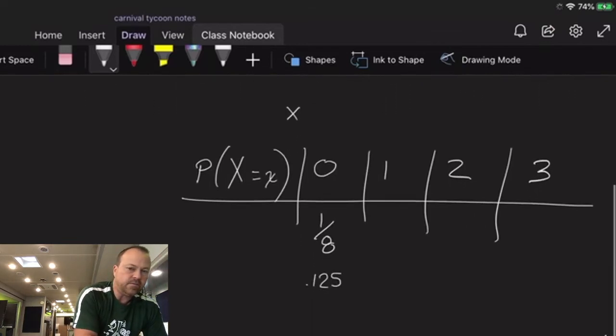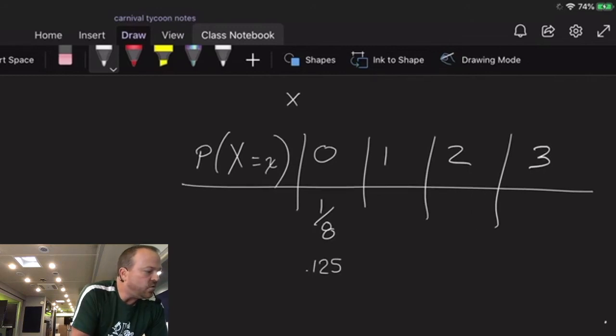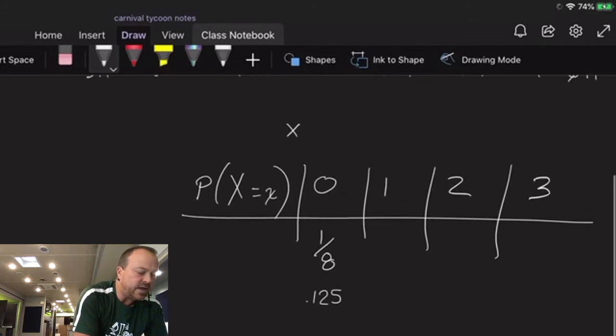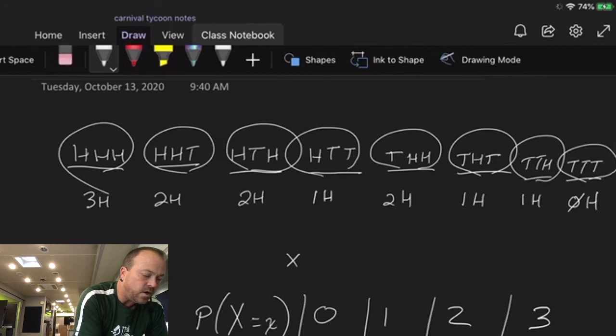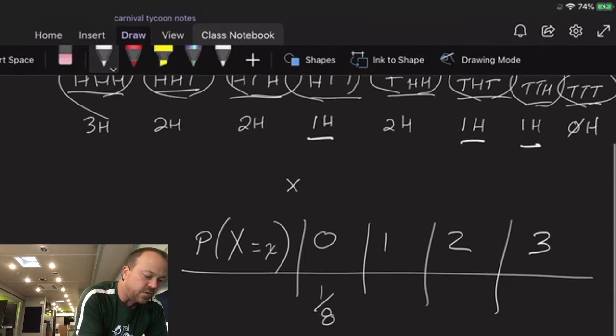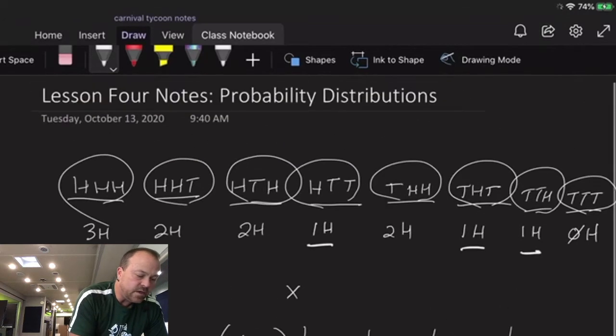And for the ones, looks like we have to count those up, see how many we had. We had 1, 2, 3 of those. So that turns out to be 3 out of 8, or 0.375.